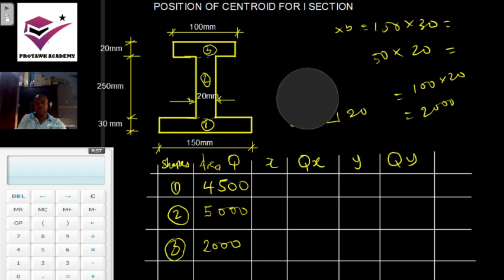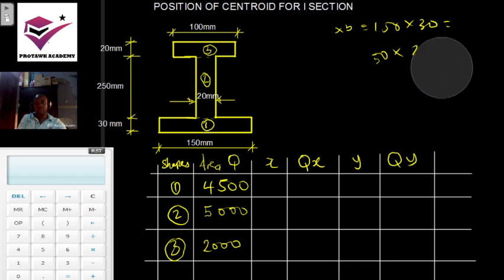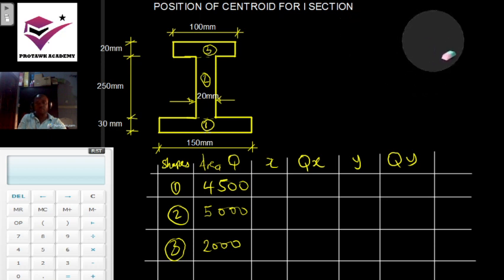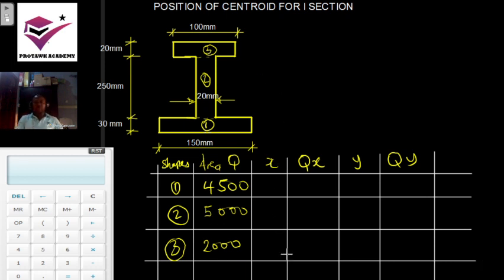So we'll now have to look at how to get the centroidal distance from the x-axis. This is the y-axis, this is the x-axis.